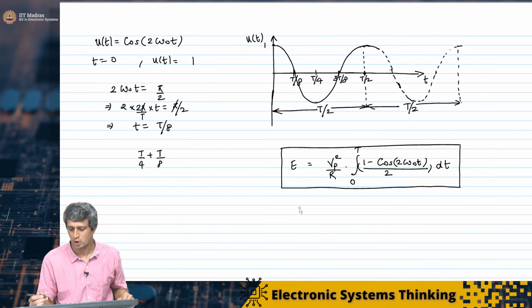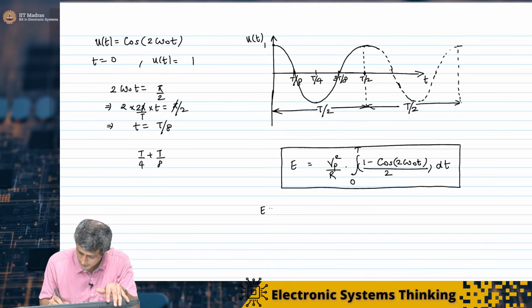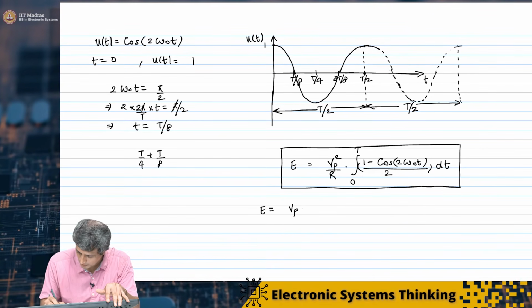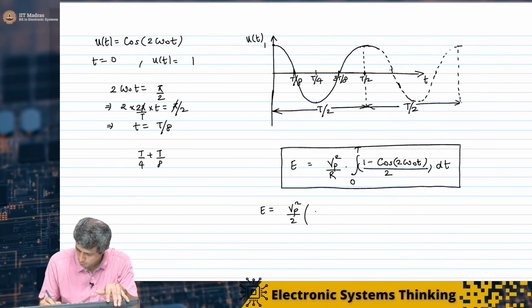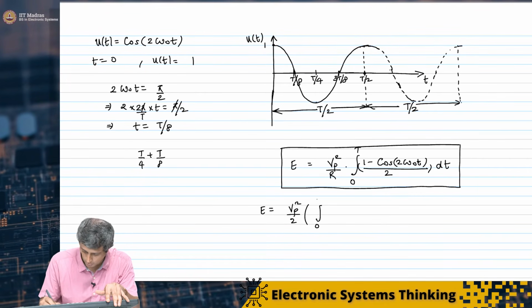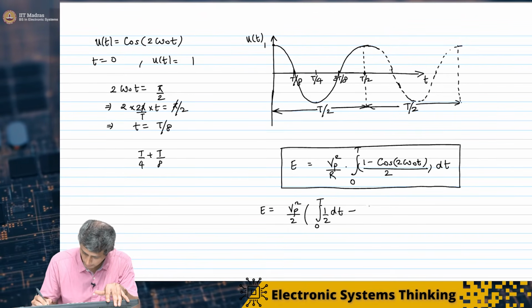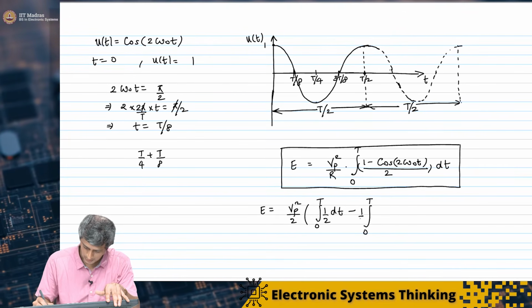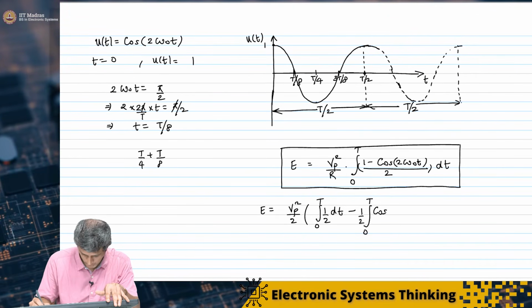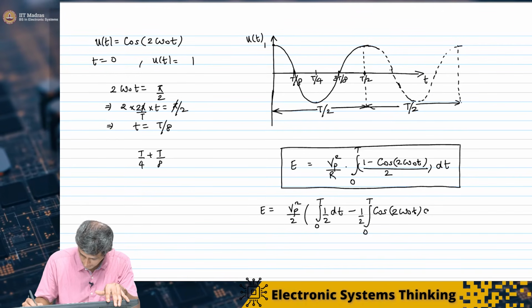We wanted to solve this particular equation here, and this equation can now be split as Vp squared by 2 into the integral from 0 to T of dt minus the integral from 0 to T of cos of 2 omega naught t dt.